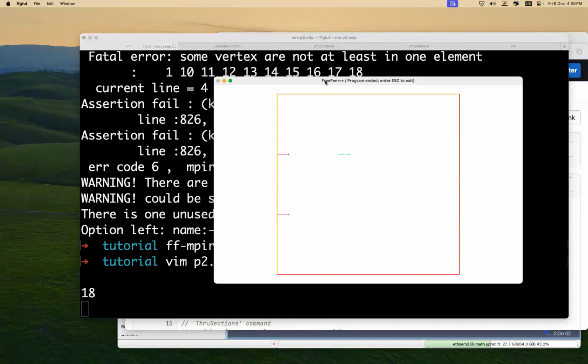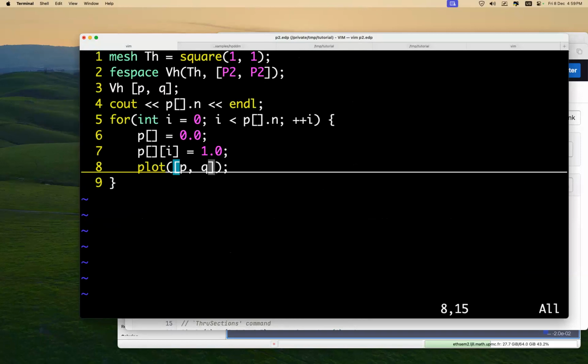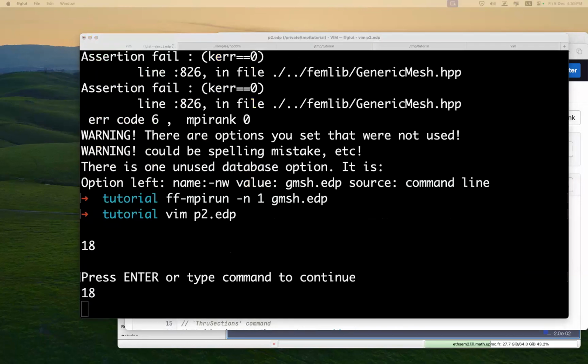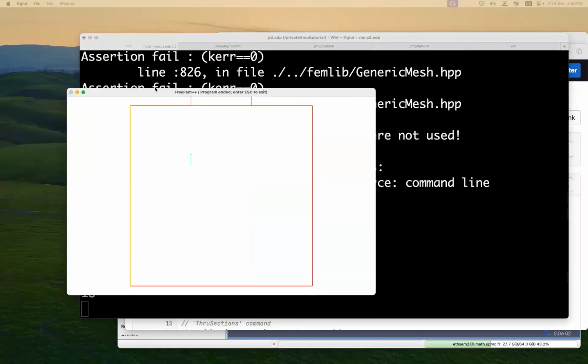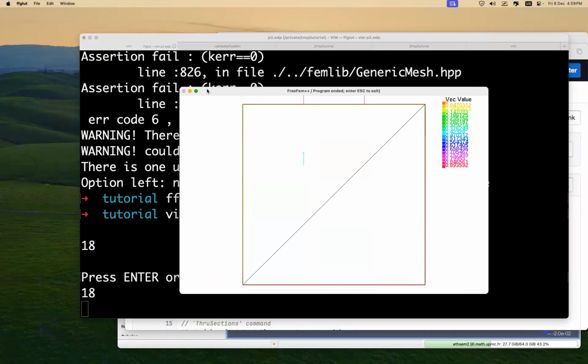But if we are plotting the mesh on this, I mean, look, if you do the plot again and you add the mesh on it, I expect on the top to have only three vectors, because I have one on the node at the top left, one in the middle, and one on the right, because it's the definition of a P2 element.